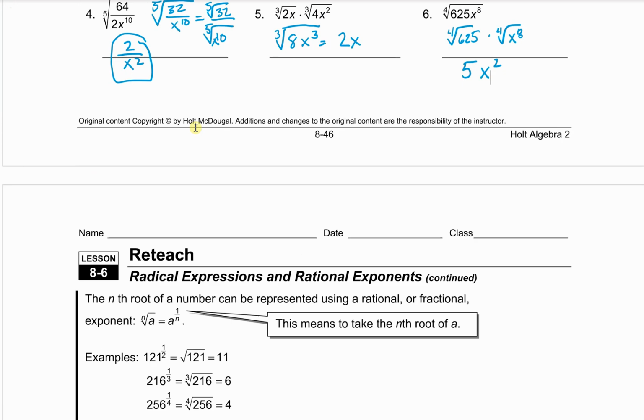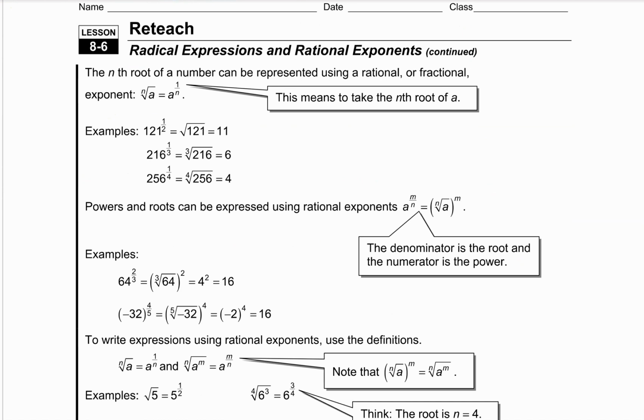Alright, so what I'm getting at here with dividing the indexes and dividing the exponents is this. The nth root of a number can be written using a rational or a fractional exponent. This right here. The nth root of a is like a to the 1 over n power.